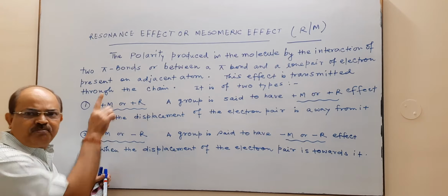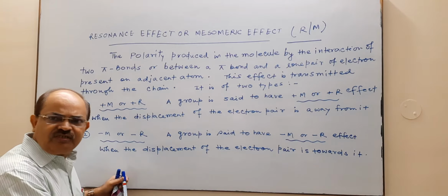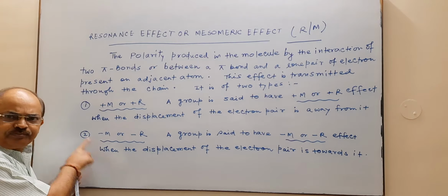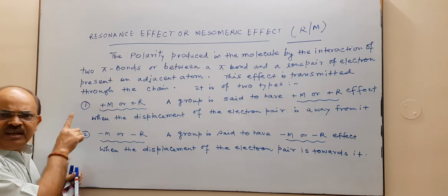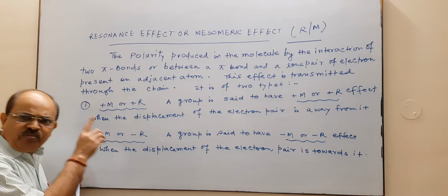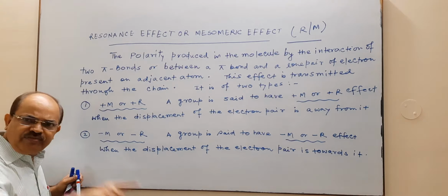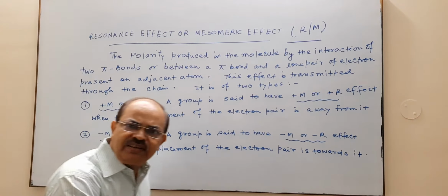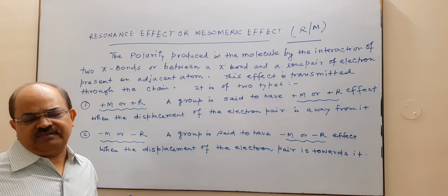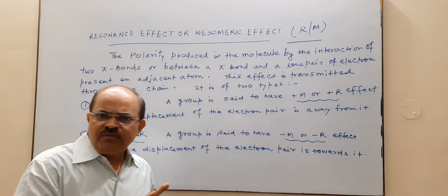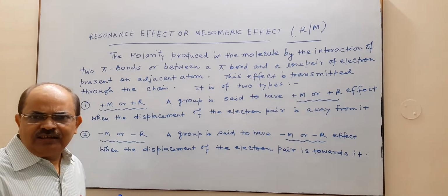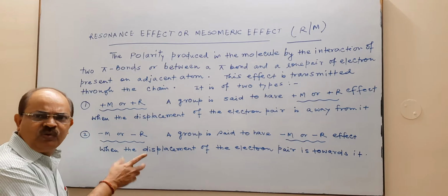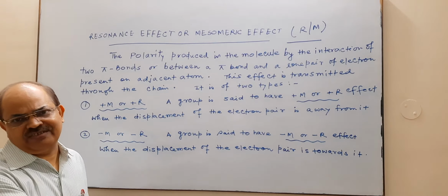If I say plus R, it means positive resonance effect. The second is your minus M effect, that is your negative mesomeric effect, or if I say minus R, it means your negative resonance effect. So I hope the symbols are clear. Plus M, minus M. Similarly we have plus R or minus R.